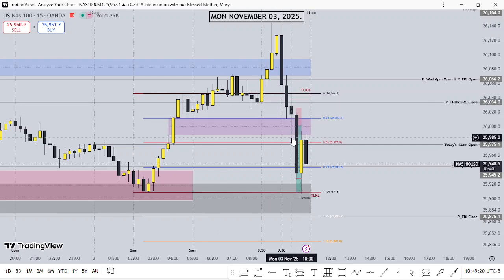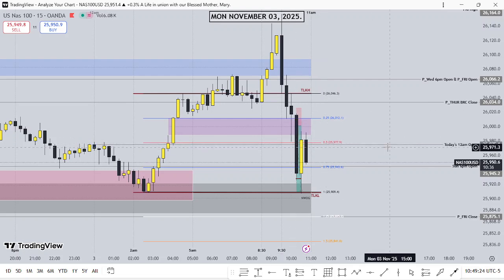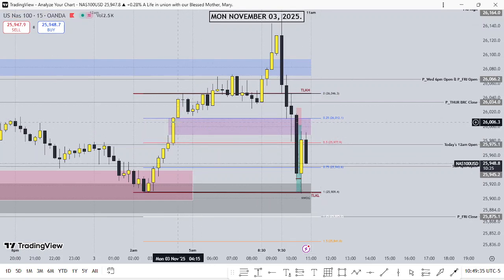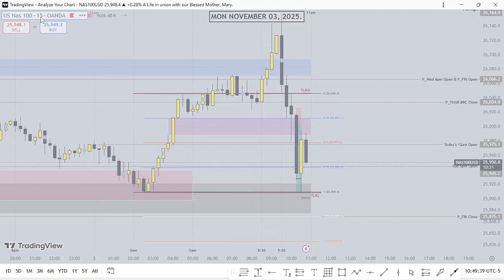So you can see that price already traded to the 0.5% level. That's price already traded to today's 12 a.m. open. Now this 0.5% level is of the daily range that I'm trading with. This is where I got this fair value gap from the 15-minute time frame.